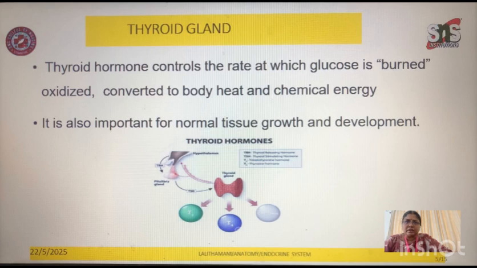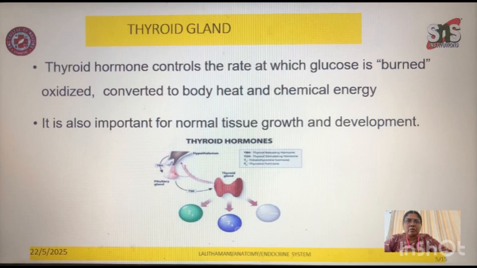The thyroid gland secretes the hormones responsible for monitoring metabolism, following tissue growth and development, and it takes over the role of thyroid hormone secretion, regulation, and maintenance.